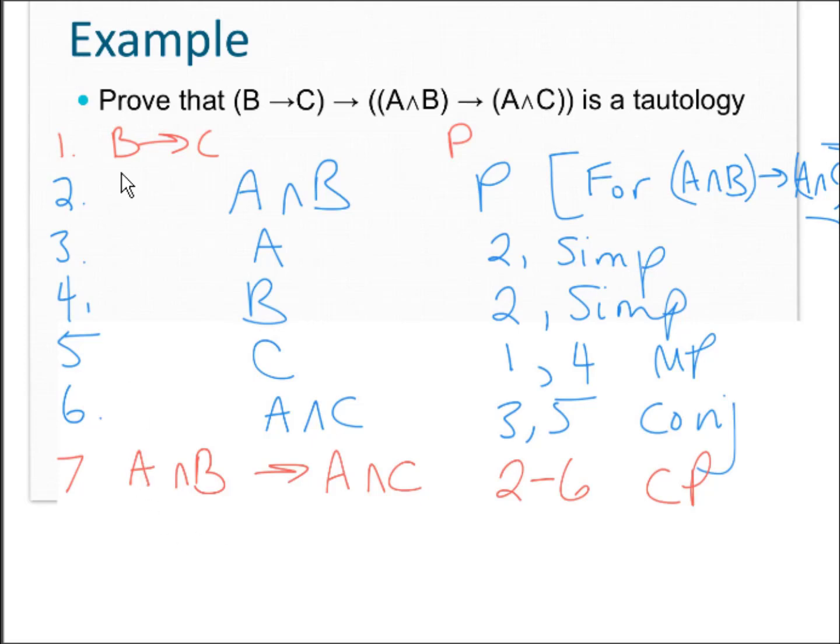And we look and say, oh, look at that. I'm already at the top level of the proof. No subproof here. So that means we're going to write QED here. And what are our reasons? Well, we can't use lines 2 through 6, because they were in our subproof. So the reasons we're going to give are just 1, 7, and CP.